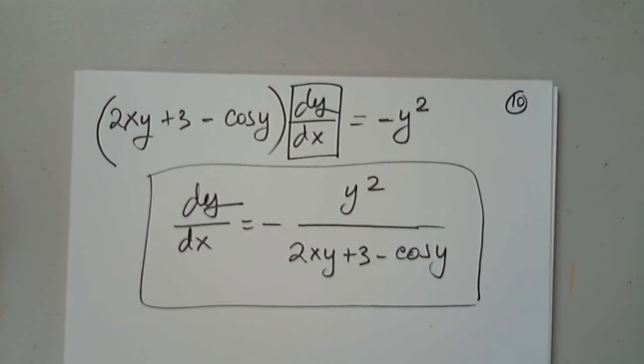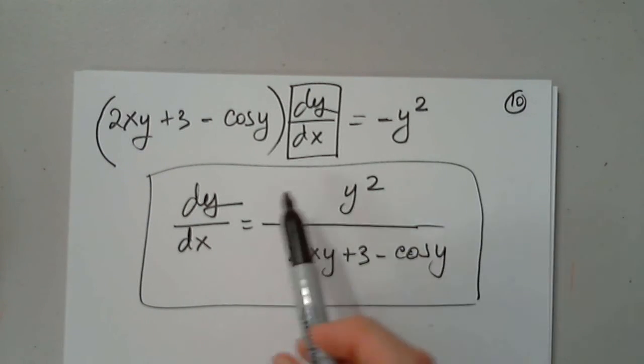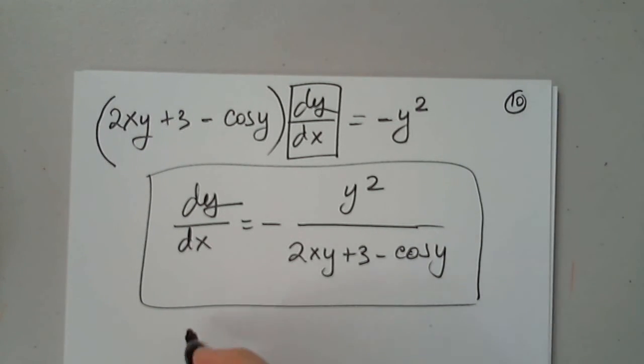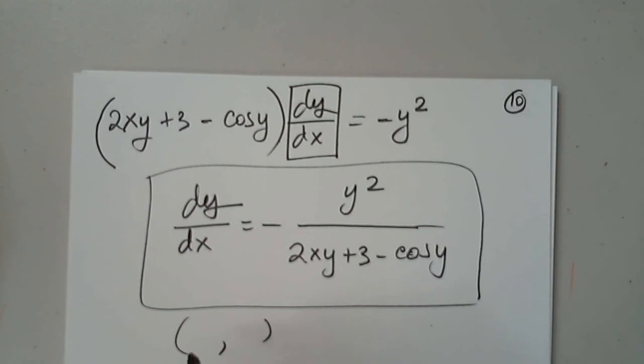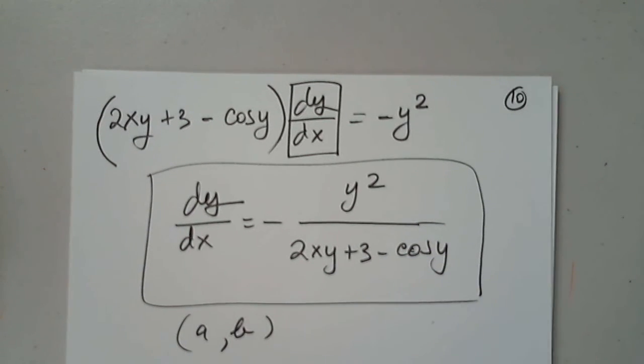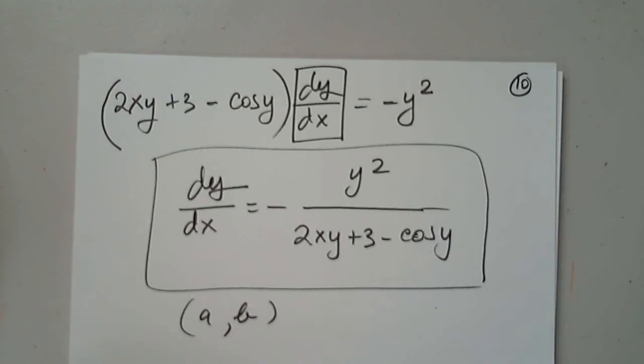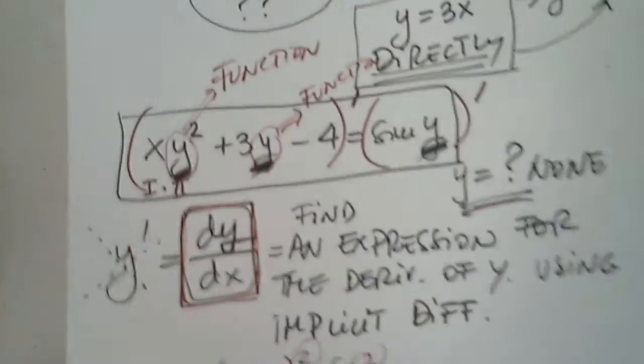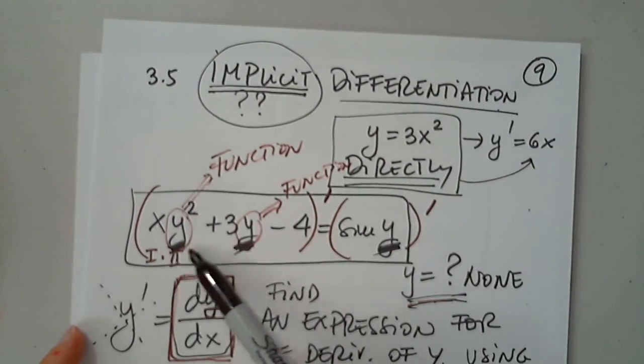And again, you can say, what did you accomplish? Nothing. Oh, I accomplished a lot. Although I don't have the function, I have an expression for its derivative. If you give me a point, let's say a comma b, that's why I'm giving a comma b, because I have to be careful. I have to give you an answer.